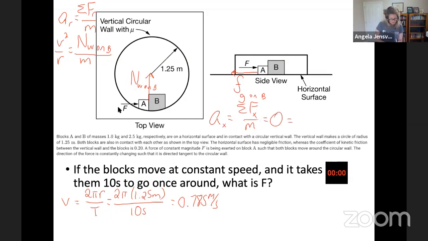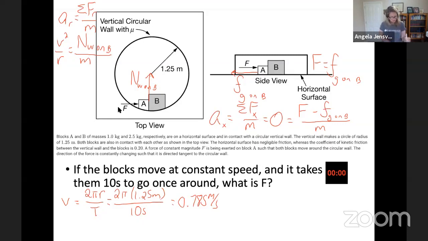So the sum of forces in the horizontal direction would be the applied force minus friction of the ground on the blocks, divided by the mass. So what does that tell us? That tells us that the applied force is equal to the friction of the ground on the block, right?